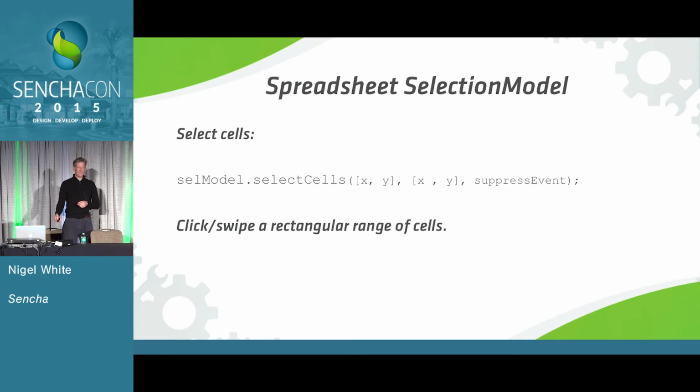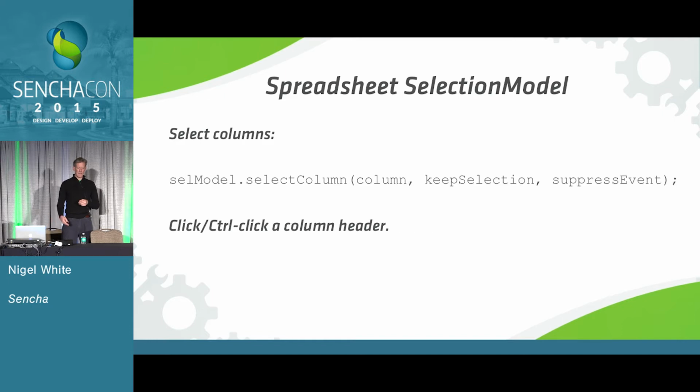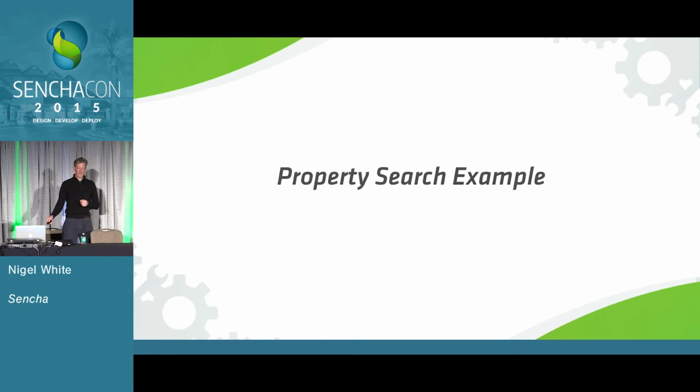Select cells, you pass an XY range, beginning cell and an end cell, and it will select that block. That's in addition to the click swipe user gesture. And select columns, you just call select column and pass a column reference. It's also got the keep selection flag. Okay, so we can go to another example now.